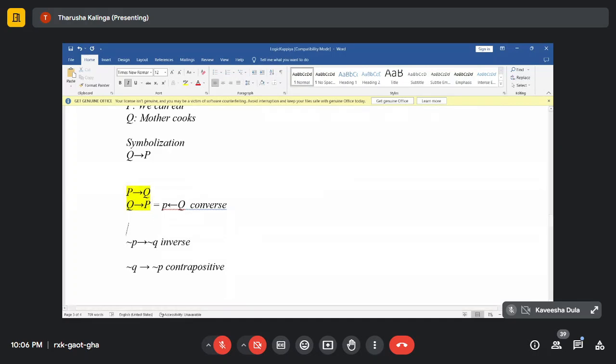That is what we call P biconditional Q. It's like this and this, those two, we represent in one symbol. That is what we are going to do.